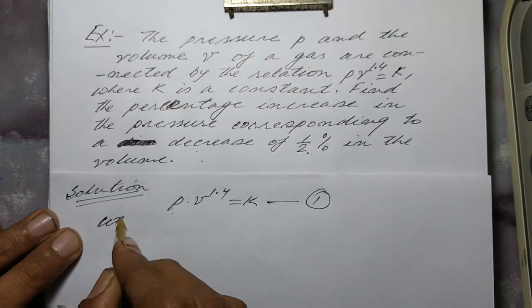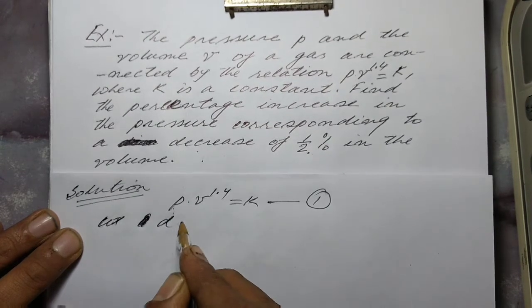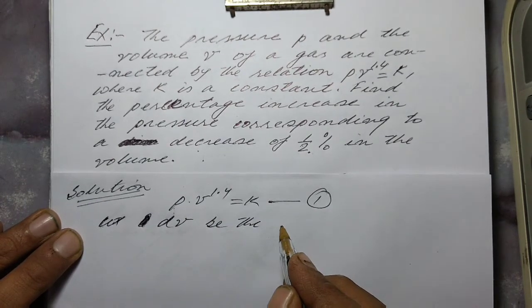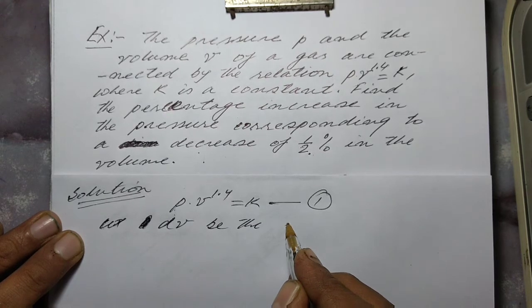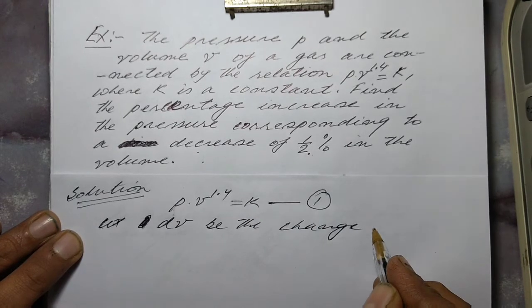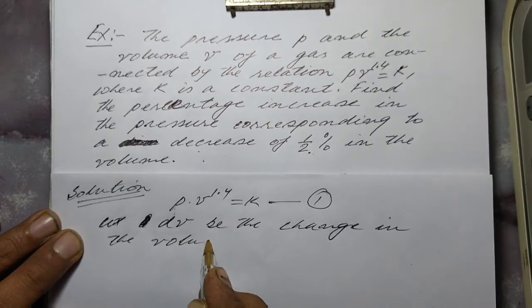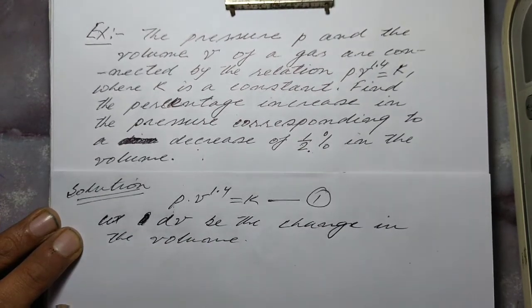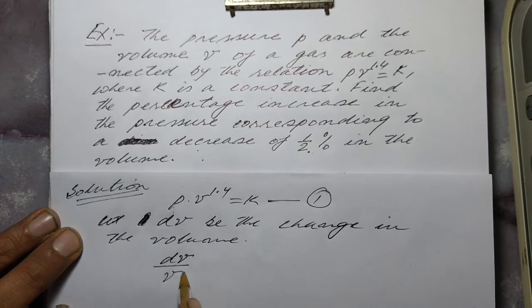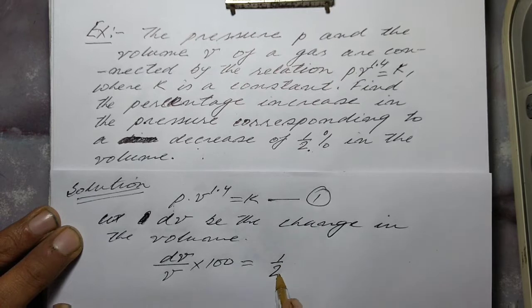So let dV be the change or decrease in the volume. The percent decrease, which is denoted by dV upon V multiplied by 100, is given as half.